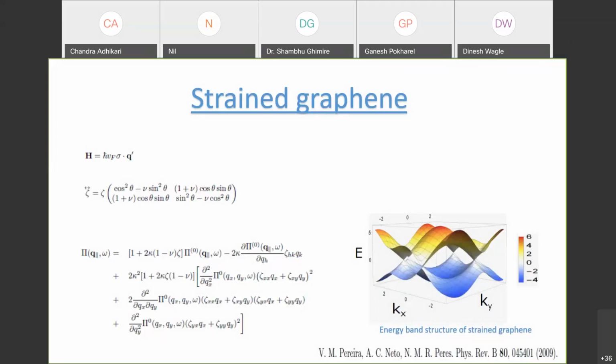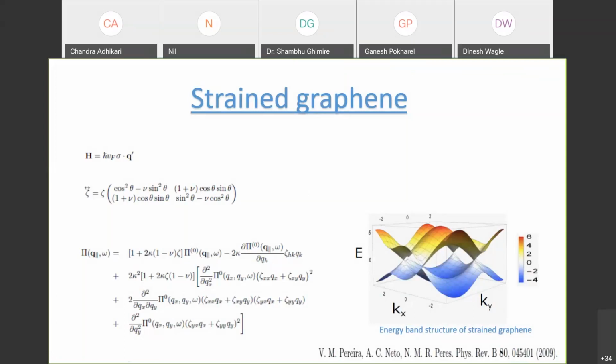So the graphene, when it is kept on the substrate, gets strained. The Hamiltonian of that strained graphene gets changed. The Hamiltonian becomes S bar dF sigma q parallel q prime. The effect of strain causes the change in the Hamiltonian.